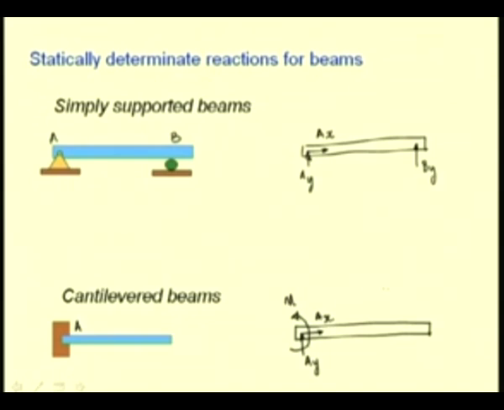From the equilibrium of this member, we have 3 equations which can be used to determine these 3 unknowns, namely AY, AX and M. So, cantilevered beams are also statically determinate.